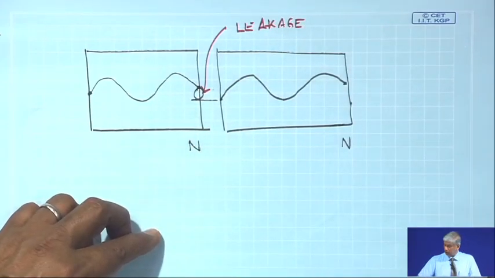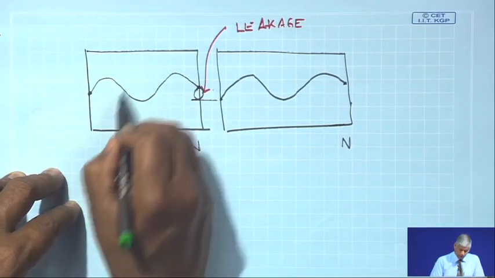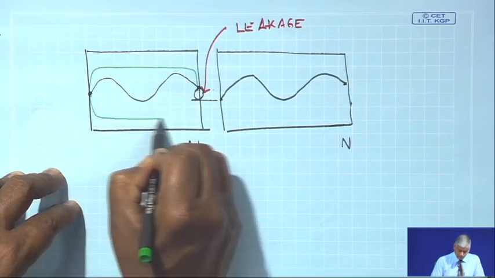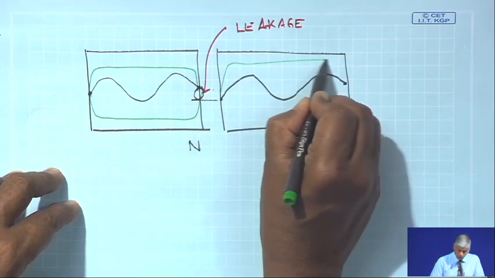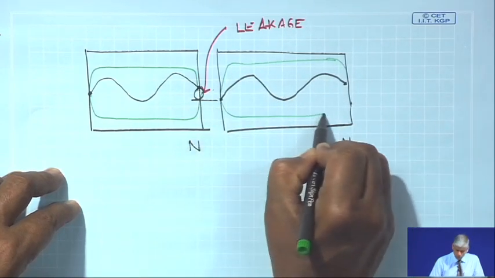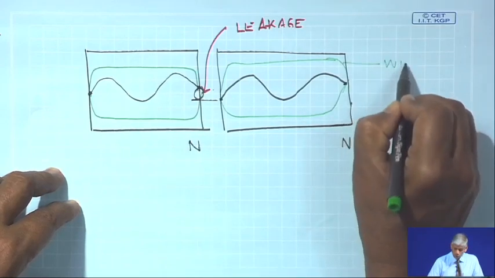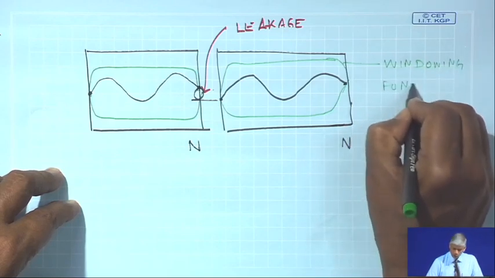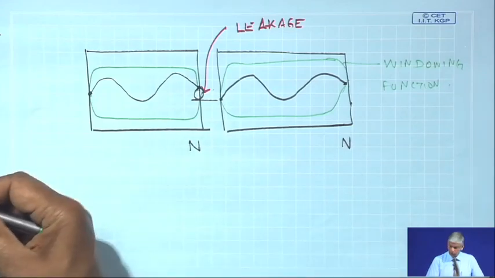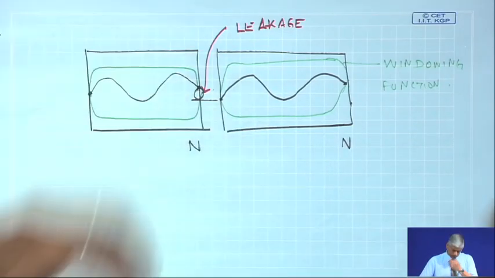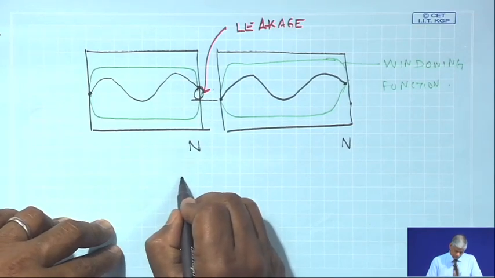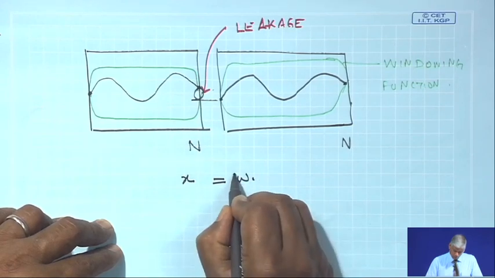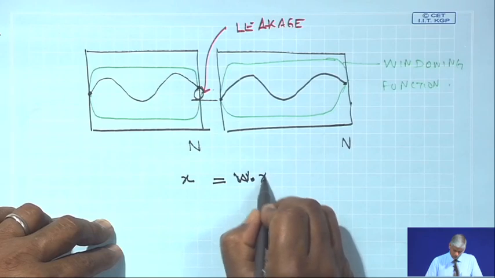To reduce leakage, what we do, we multiply the signal x with a windowing function, so that the signal x which we go for FFT is actually the dot product of the window function times the x original.